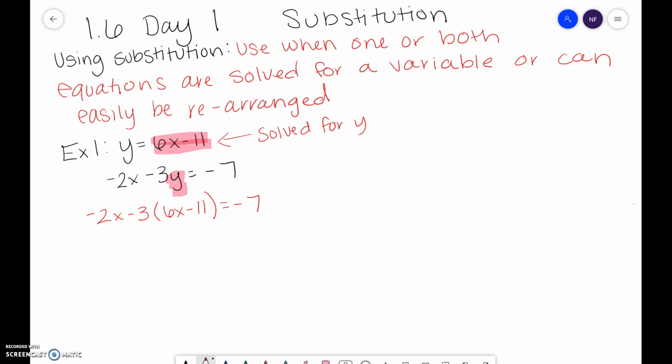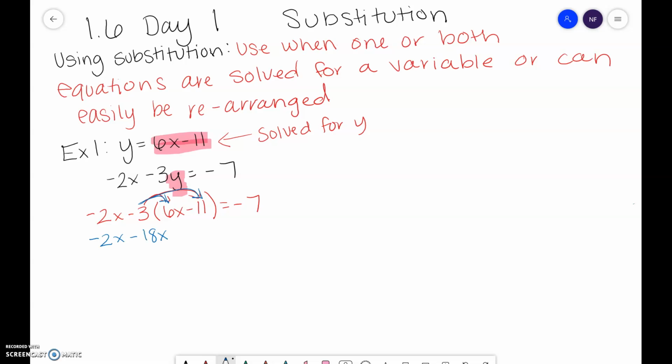And then we're going to simplify it. So we're going to distribute. I'm going to do it in a different color to show the step. So now I have negative 2x. And the negative 3 times 6x would give us negative 18x.